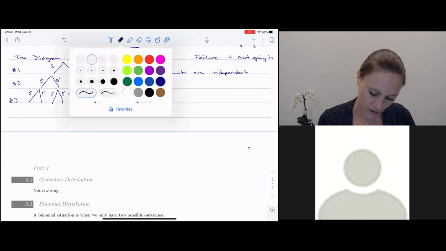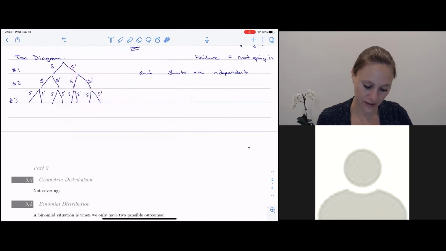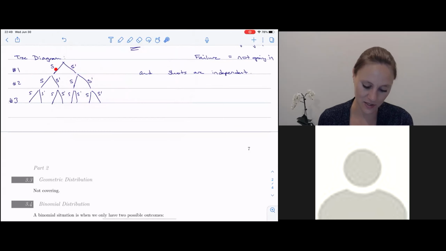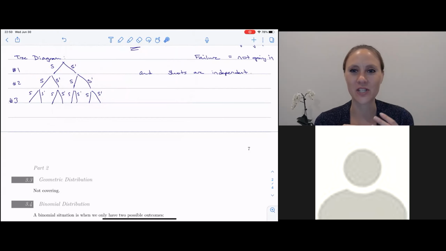This is only with 3 trials, and I'm using a generic success, not a success, just so you can see that it applies to any of these binomial situations. And now imagine you're flipping a coin even 5 times.